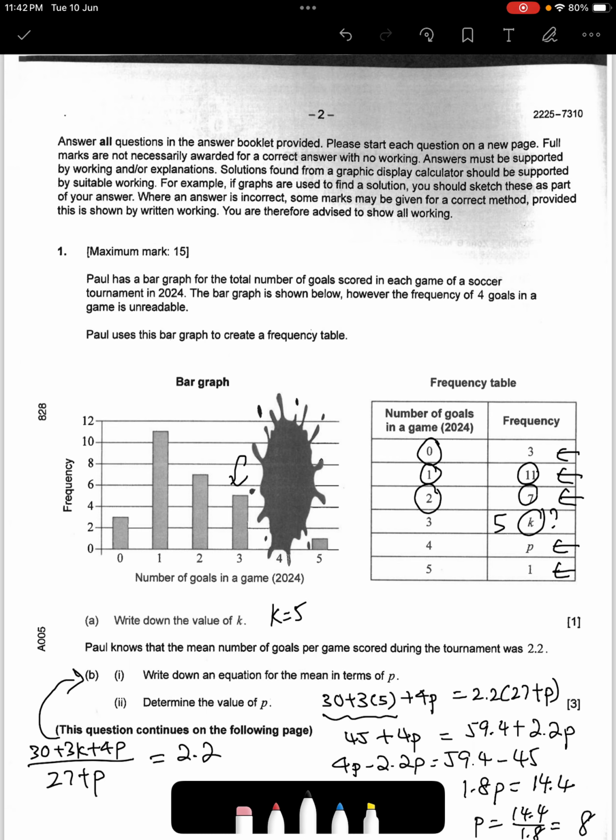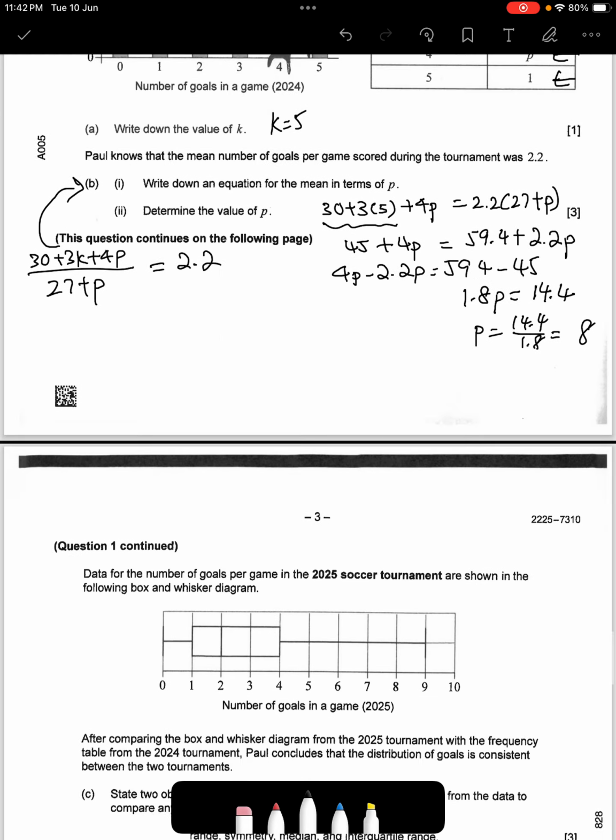So p is going to be 8 in this case. So you could either try to solve this with an algebraic approach, or you could just use a numeric solver to get the answer for p. Okay, all right, let's move on.